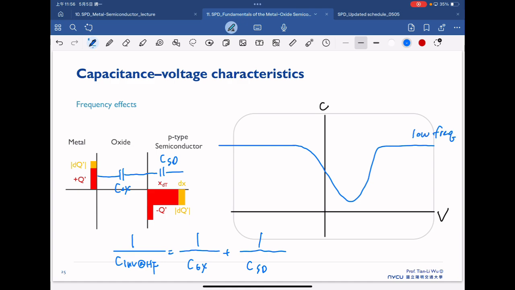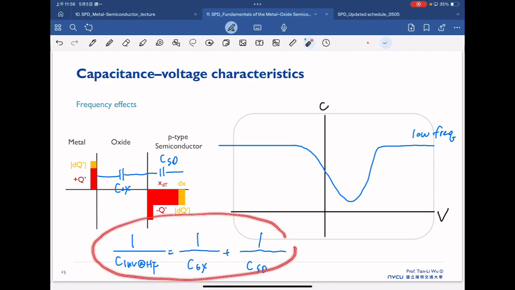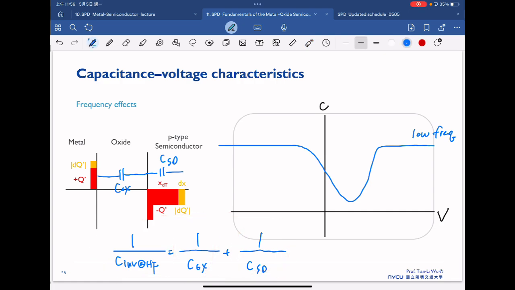But now, at the high frequency, at the inversion bias, we actually won't get the same as the Cox. It's actually a Cox in series with a depletion capacitance. So therefore, this will become like this in here as a high frequency. So that's our frequency effects.